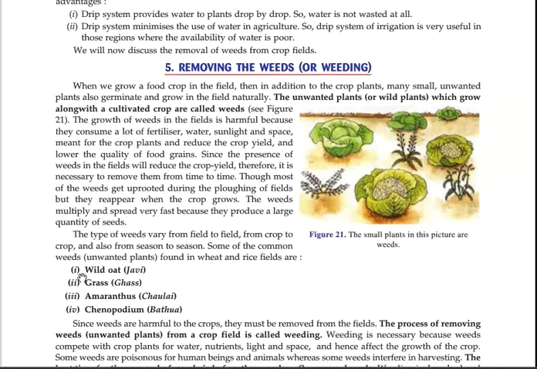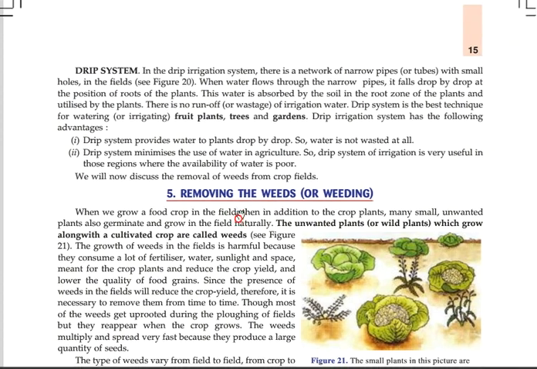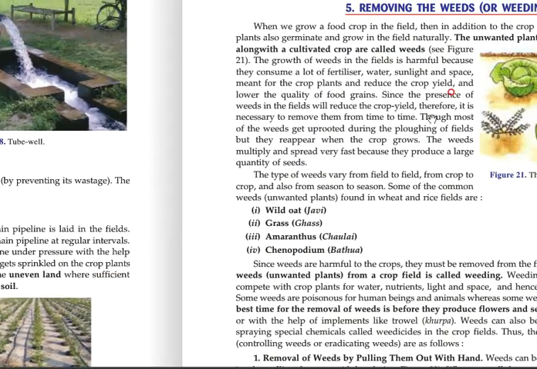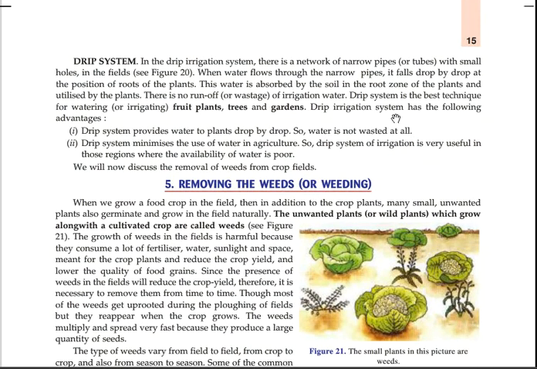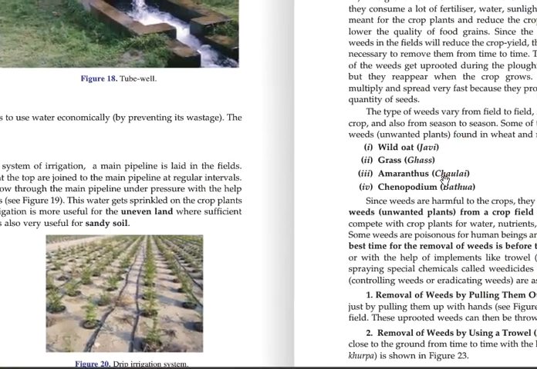In the drip system, first of all, there is a network of narrow tubes let down in the field, and a pipe is connected to the root of each and every plant positioned in the field.